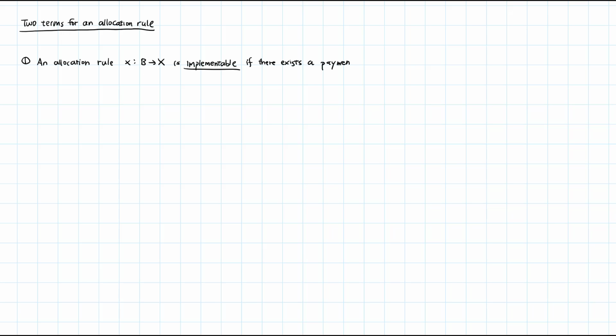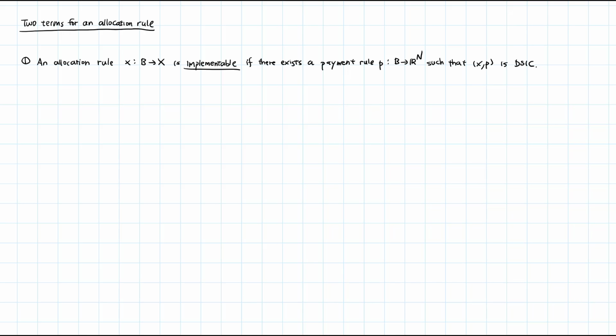Now there are two terms for an allocation rule that we'll be discussing here. An allocation rule x is implementable if there exists a payment rule p such that xp is DSIC. This means that after we have decided on an allocation rule, can we find the payment rule such that it is DSIC?